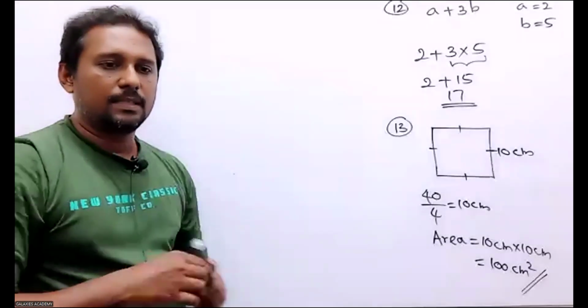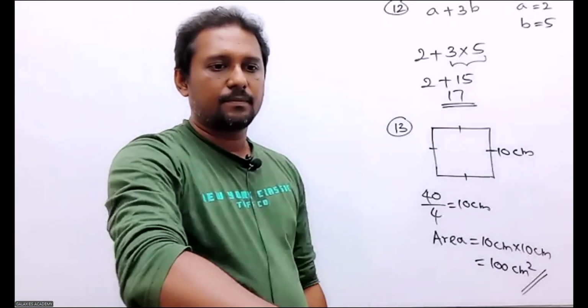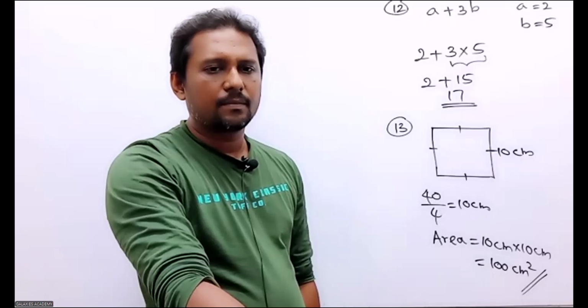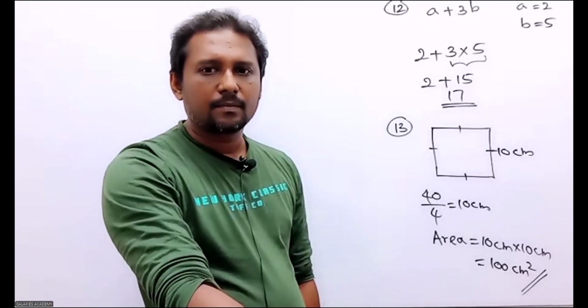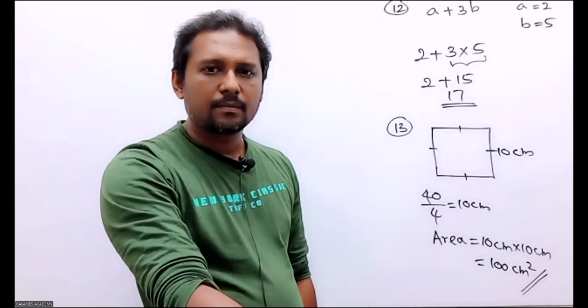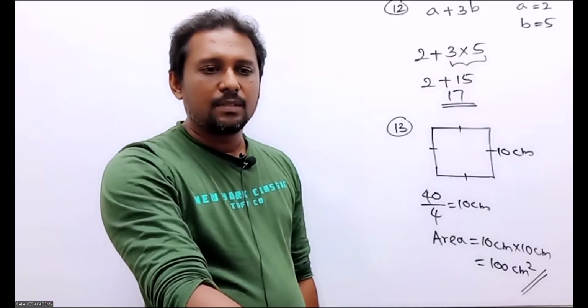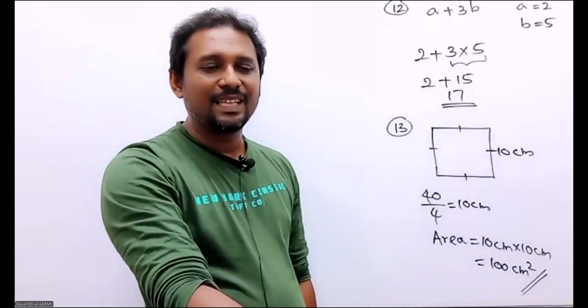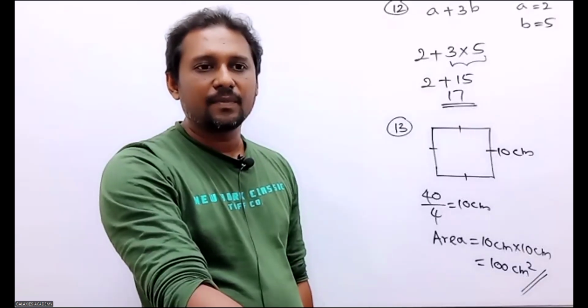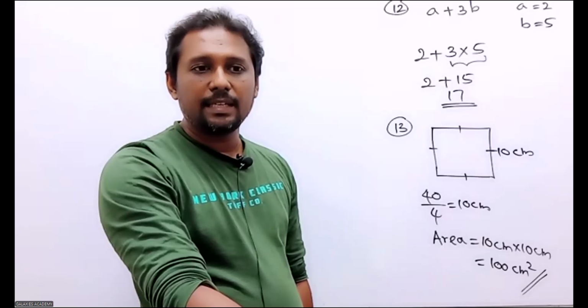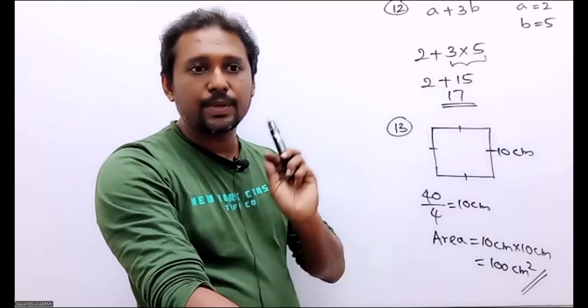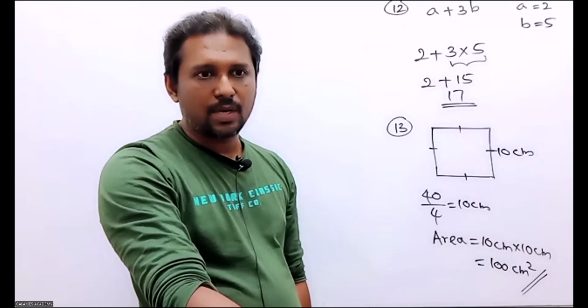Sir, for the 13th question, if I have written the answer only 100 centimeters, is it correct without writing square centimeters? Incorrect. Then you can get only 1 mark. Okay, because the unit of the area, you have to put square centimeters.